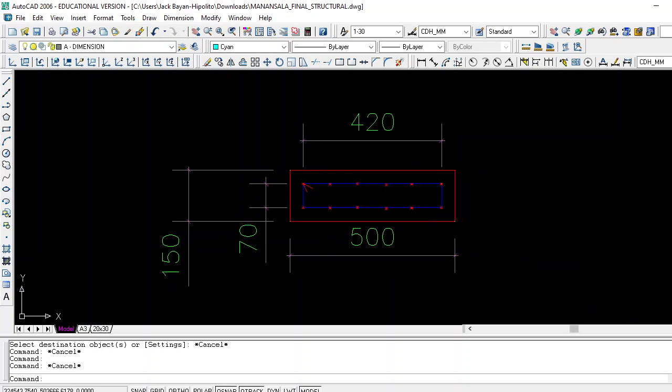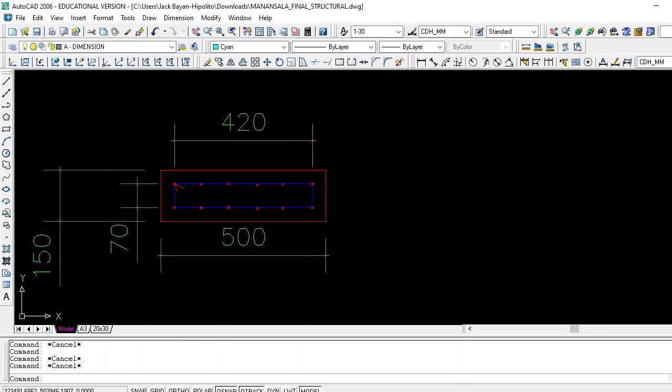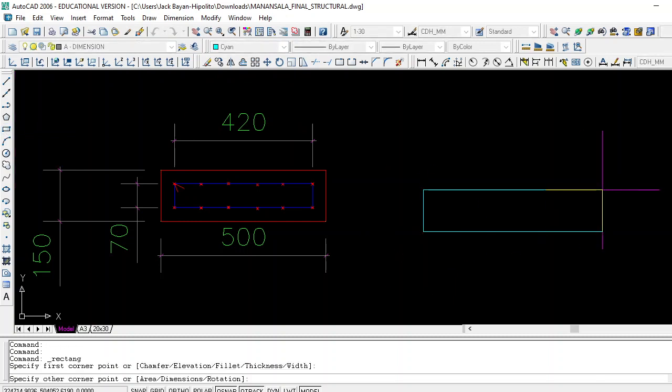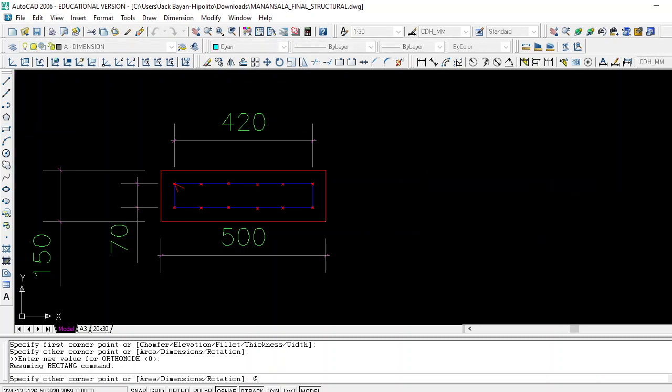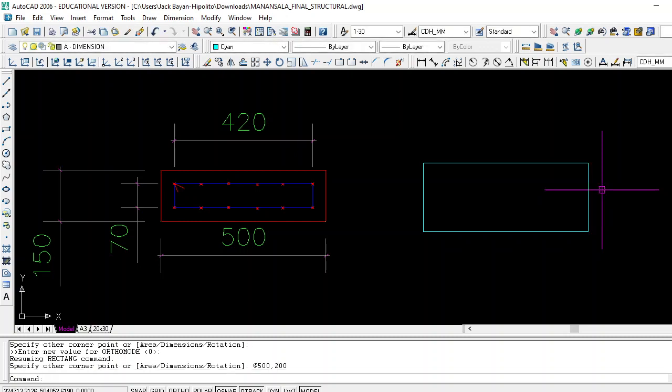So, I'll just repeat, say you have a column which is 500 by 200. Okay?